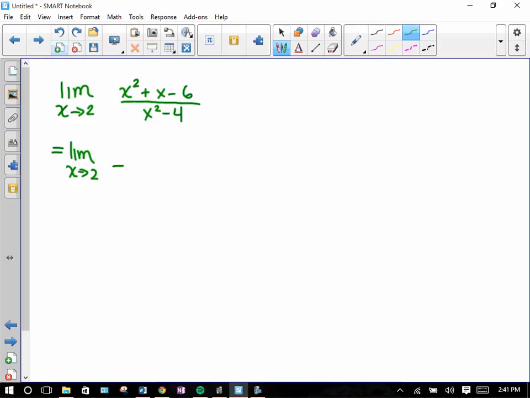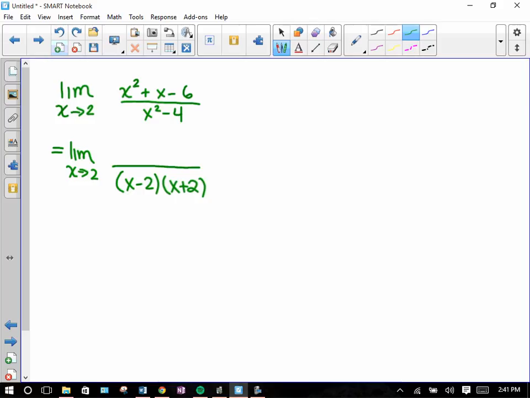So I know pretty much that this denominator is going to have x minus 2 in it, because I have to factor this quadratic. So I'm going to get x minus 2 times x plus 2.